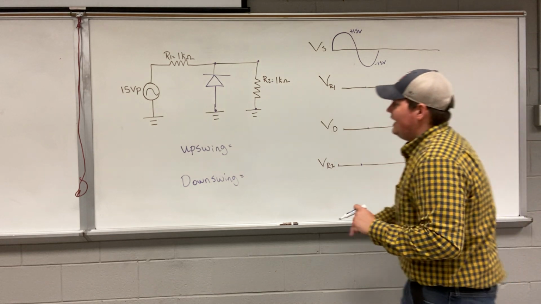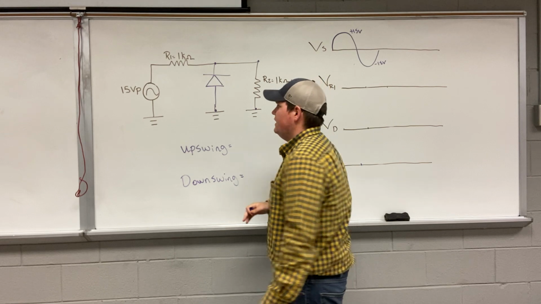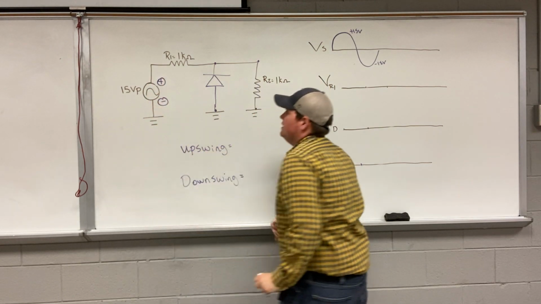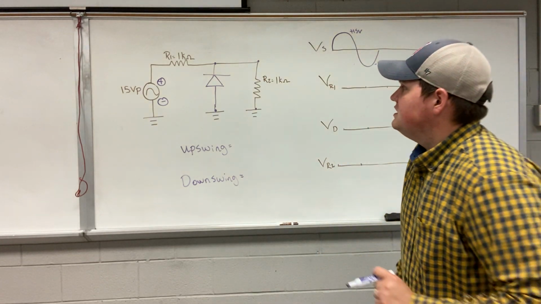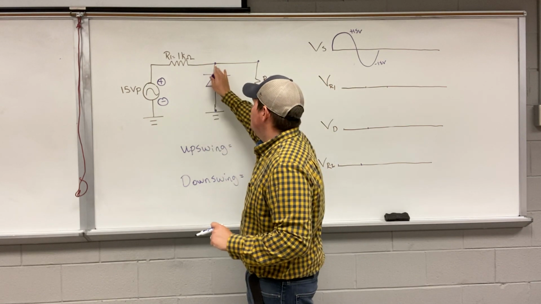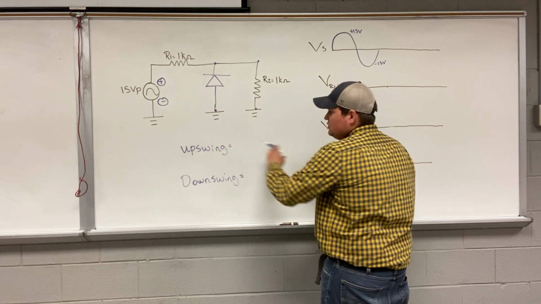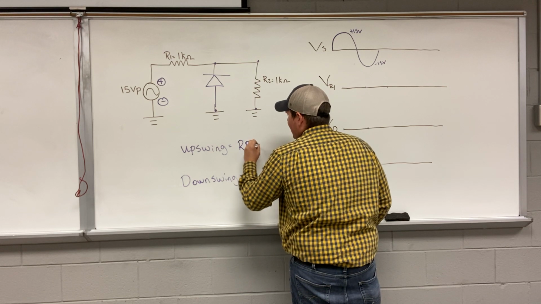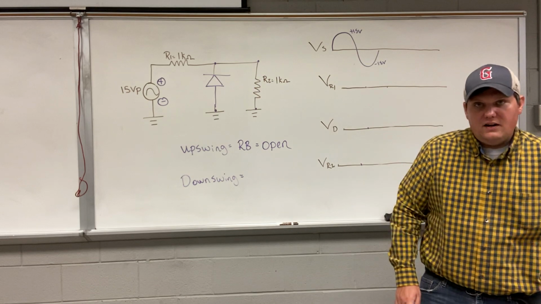So looking at the diode now that it's flipped, on the upswing, this is my polarity. Is the anode more positive than the cathode on the upswing? No, it's not. The cathode is positive and the anode is negative. So on the upswing, now we're going to be reverse bias, which equals an open on that diode.